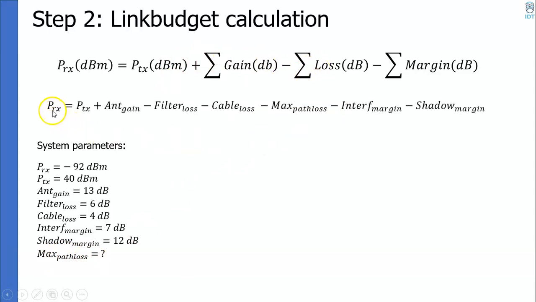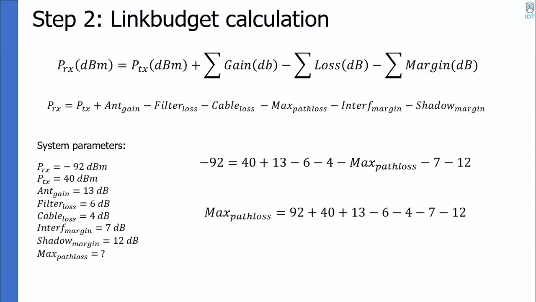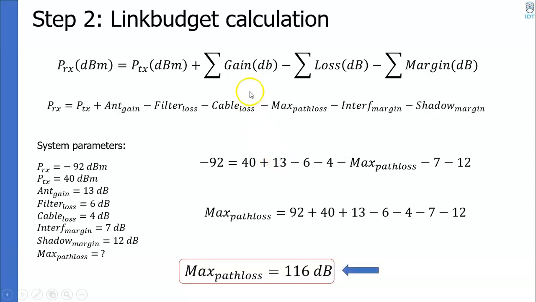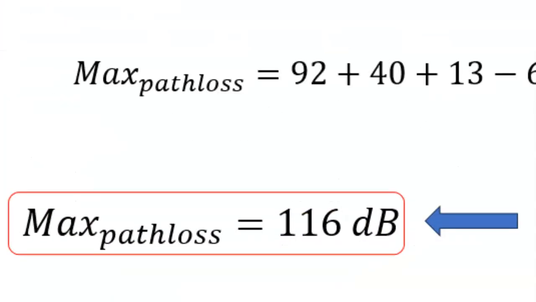So this is the rewritten equation using our parameters. We will have to do some maths, changing the values. And finally, we will have our maximum path loss. Okay? This is the maximum path loss that I can have.